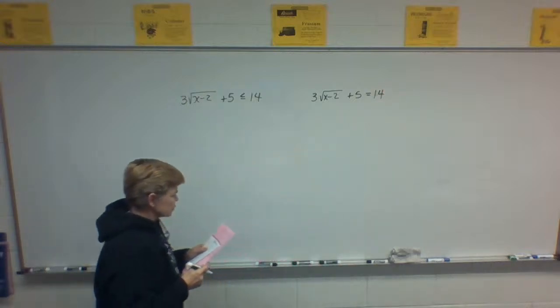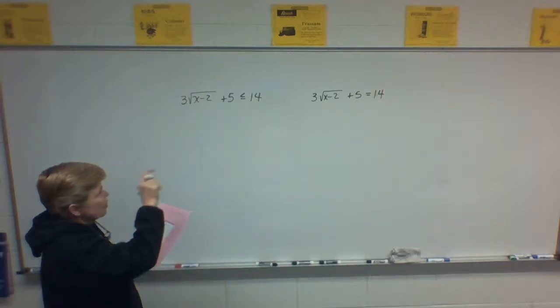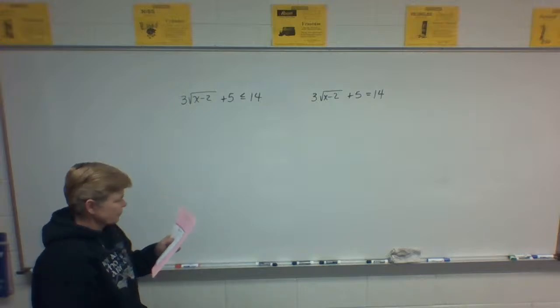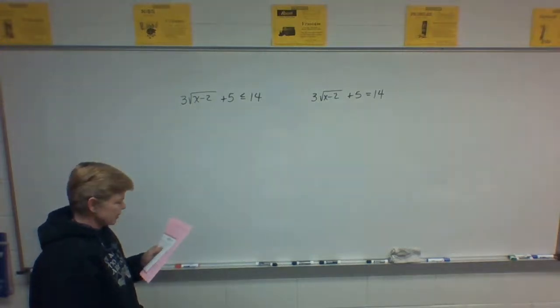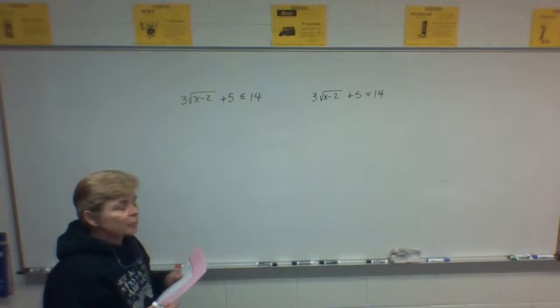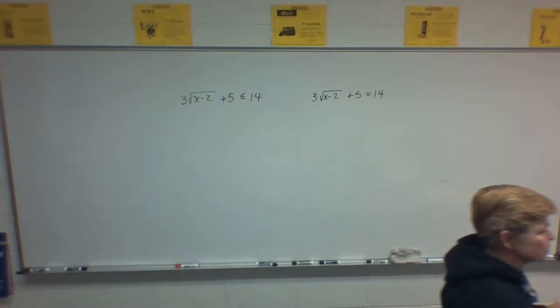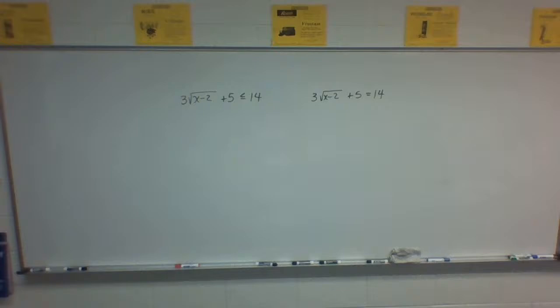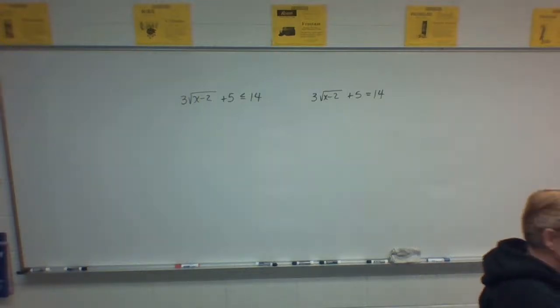So it says, solve the inequality, solve the equation, and then when you're done with that, you are to describe the similarity and difference. In other words, compare and contrast. You've done that a lot in English, haven't you? I'm going to tell you what I'm looking for in the compare and contrast as soon as we get these solved.